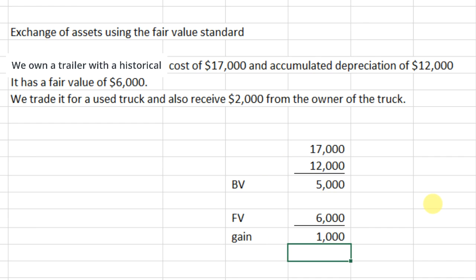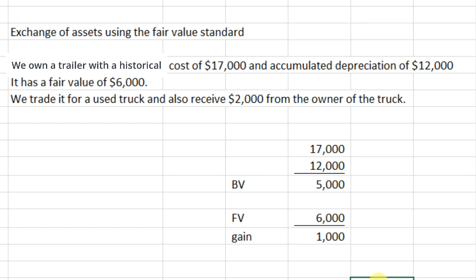So at this point, we can start to build our journal entry. And one of the things we need to do is calculate the value of the truck that we're receiving. So normally we would just say, oh, look, we gave them a trailer worth $6,000, the truck must be worth $6,000. However, we also received $2,000 cash from the owner of the truck. So this is a pretty old truck, isn't it?